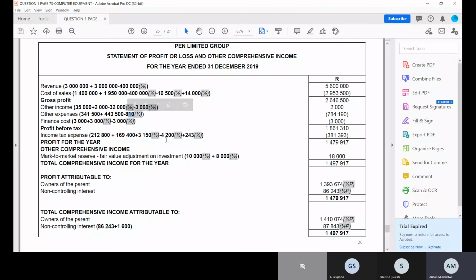Income tax expense, 243, that is the tax expense on depreciation for the current year. We are eliminating. So most of the adjustments that you see here have to do with intergroup transactions. But don't forget what is important: first thing first, you combine the like items, and then you can do the adjustment.